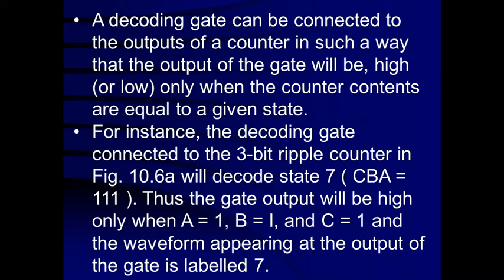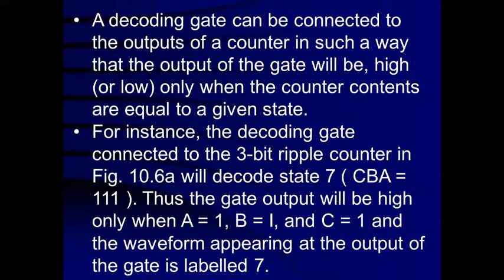For instance, the decoding gate connected to the 3-bit ripple counter in figure 10.6a will decode the state 7, that is CBA equal to 111. So this is state number 7 which we want to decode. How should the counter flip-flop outputs be connected to the input of the gate?